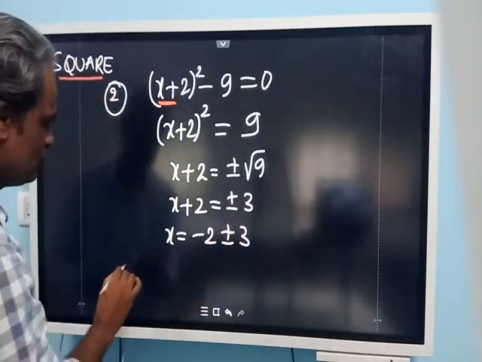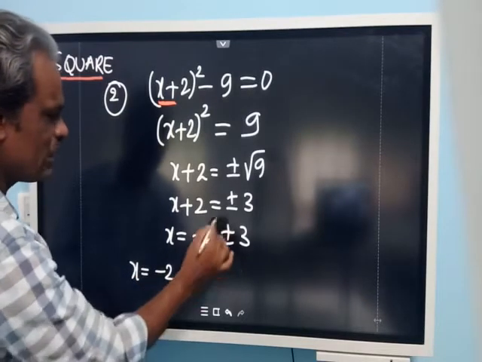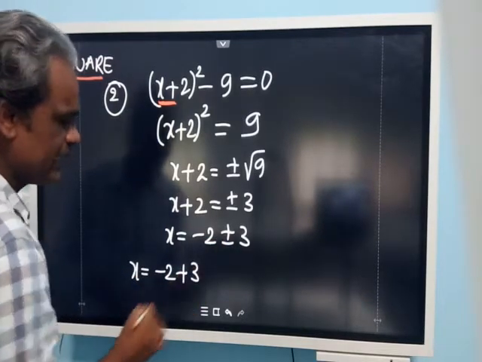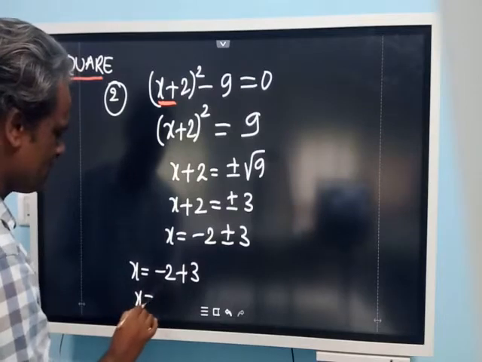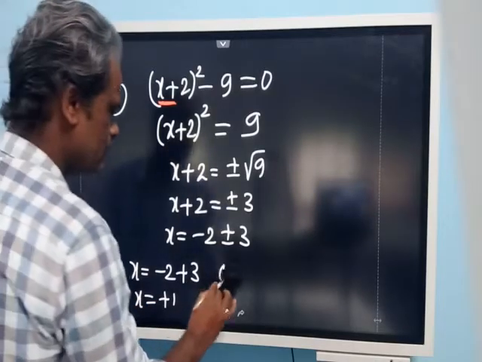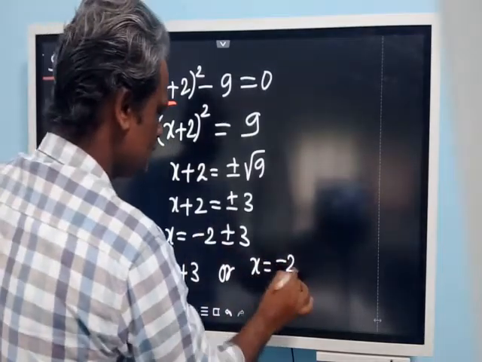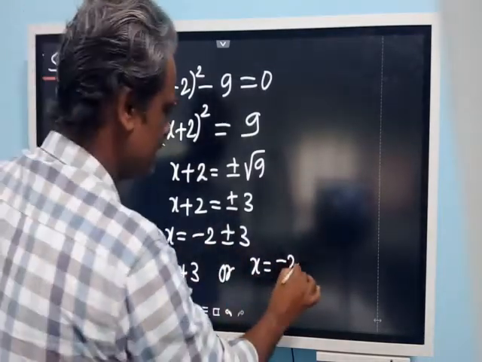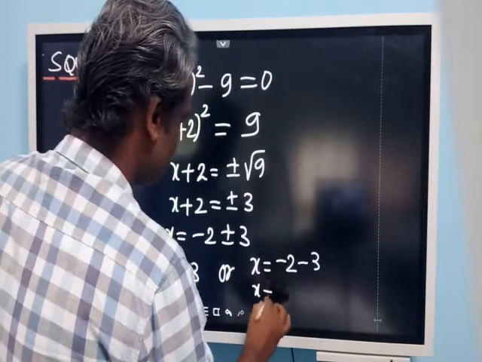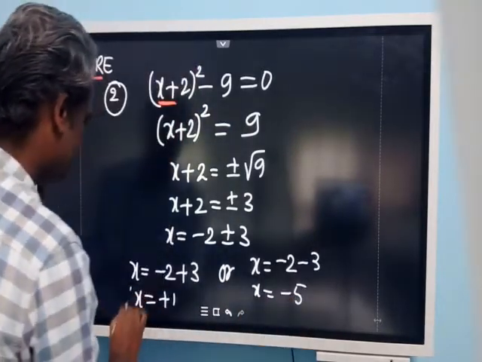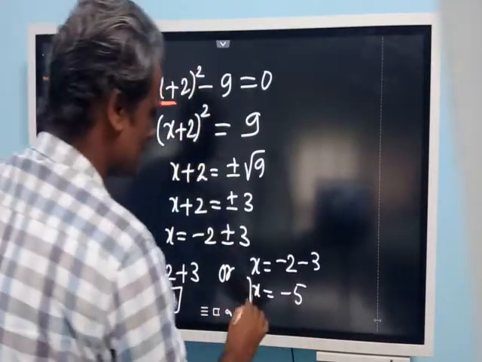So you get two values. Taking the plus value, x is equal to minus 2 plus 3, so x is equal to 1. Taking the second option, minus 3, x is equal to minus 2 minus 3, so x is equal to minus 5. So x is equal to 1 or x is equal to minus 5.